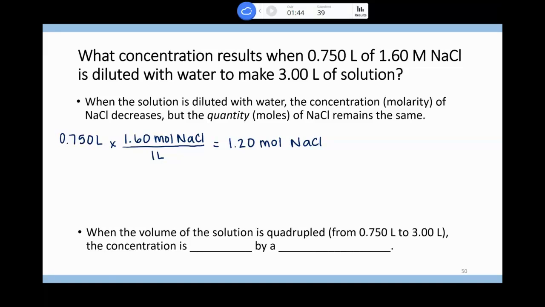So we can find now the molarity of the diluted solution by taking the moles of sodium chloride, so that's our moles of solute, divided by total volume. The rest of the solution is water. So molarity is 1.20 moles divided by 3.00 liters.